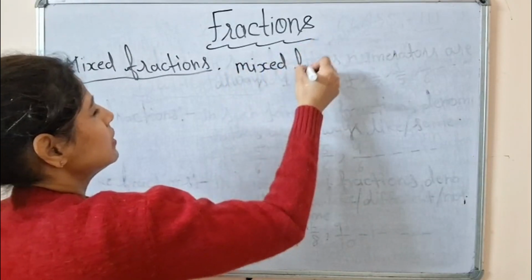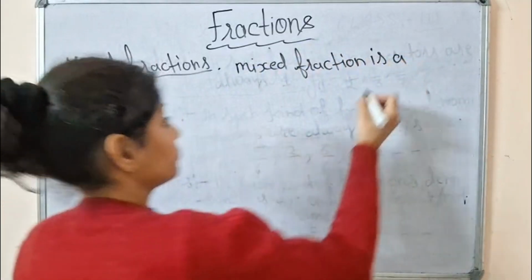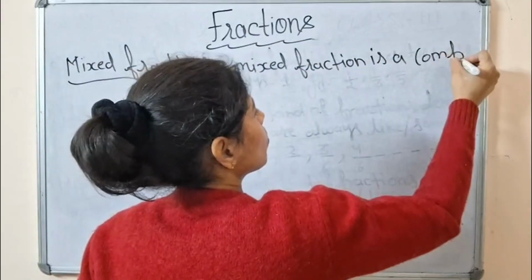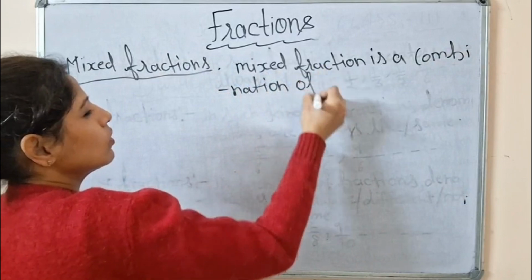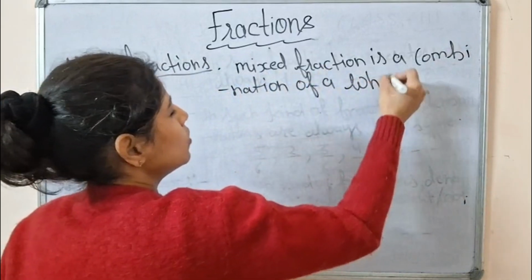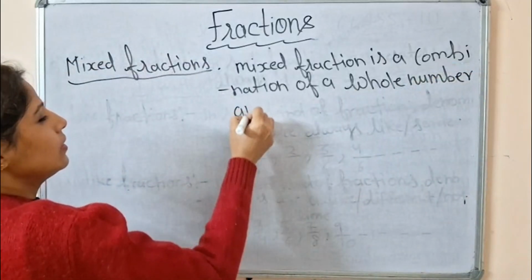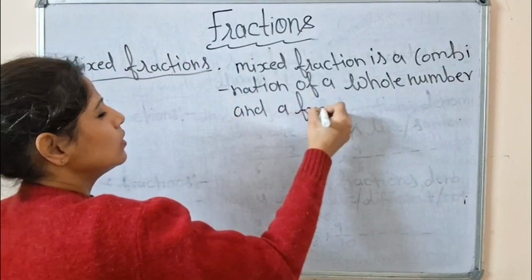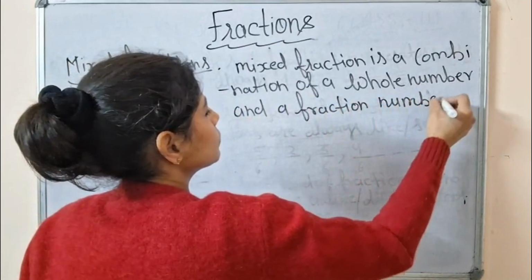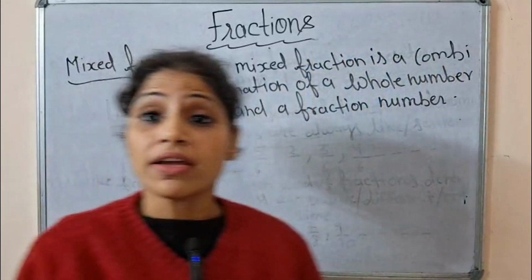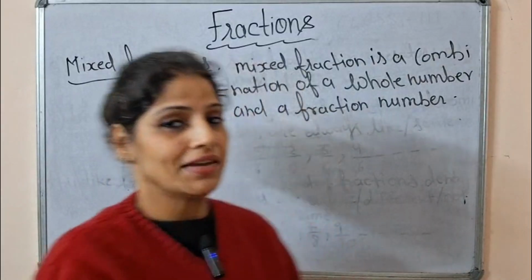Mixed fraction is a combination of a whole number and a fraction number. So we are talking about whole number, natural number, right?